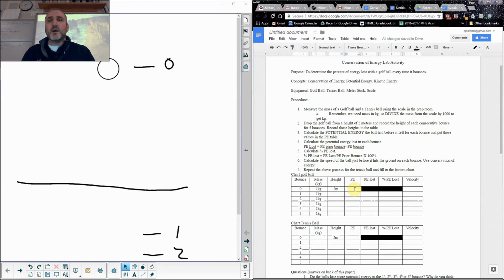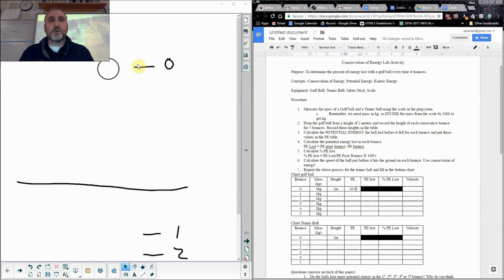So for me, my mass is 1 kilogram, gravity is negative 9.8 meters per second squared, and the height is 2 meters. So you're going to take your mass, which for me is 1, for you it won't be, times 9.8 times 2 meters. And for me, my potential energy is 19.6 joules.